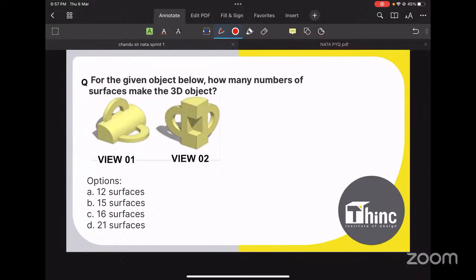Another one: the number of surfaces in the 3D object. They will ask about 2D as well as 3D objects. So now you guys can go for a count. Count it quickly. I found many students making this wrong in my earlier sessions. Why am I mentioning this?